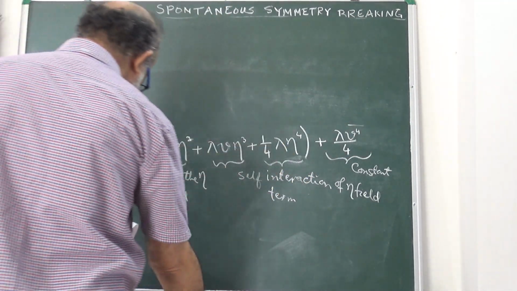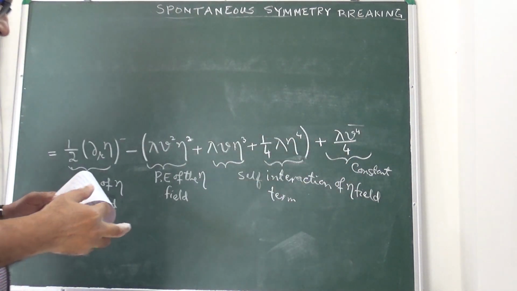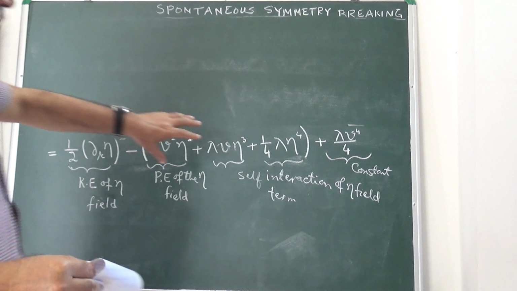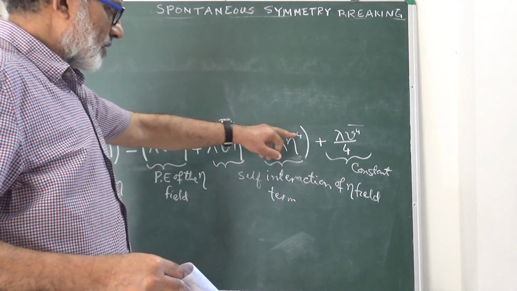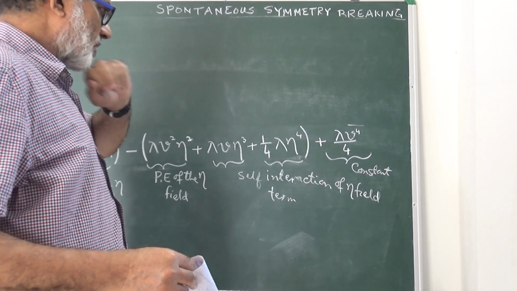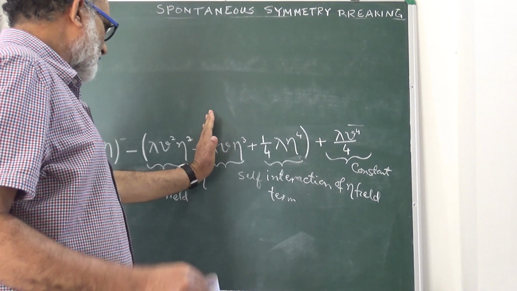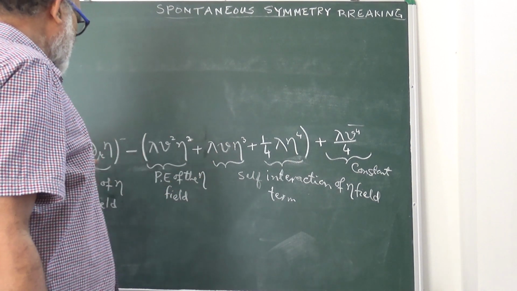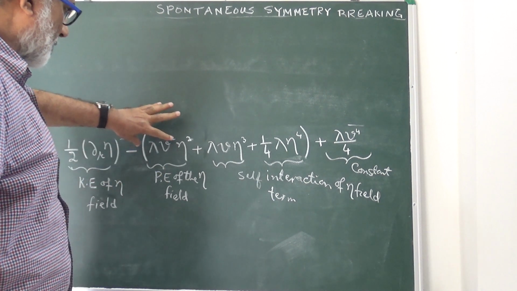So now if we ignore this self-interaction part, because the cubic part of the eta field and the quartic part of the eta field give you the self-interaction term, if you ignore this, the Lagrangian for the eta field will be this: the kinetic energy part, this is the potential energy part, and this will be the mass term here.